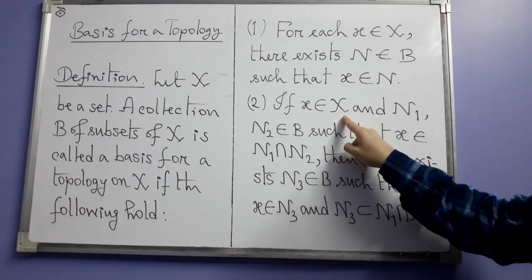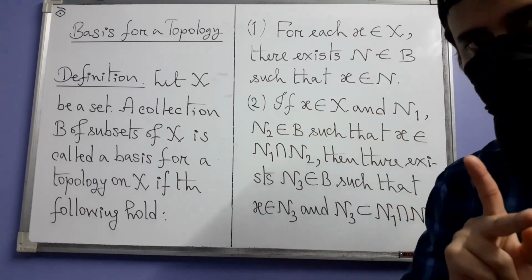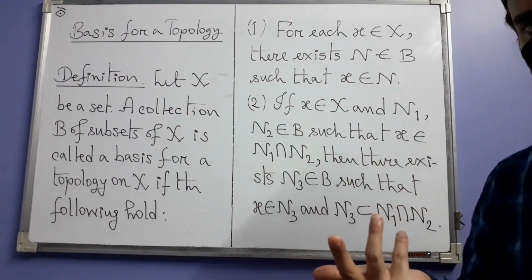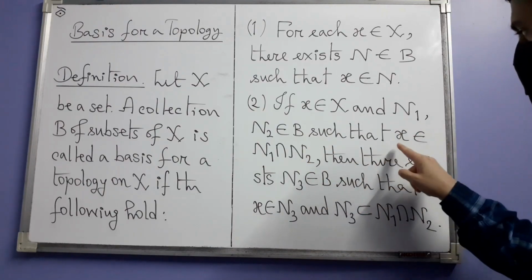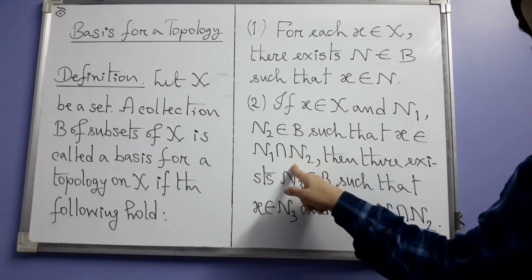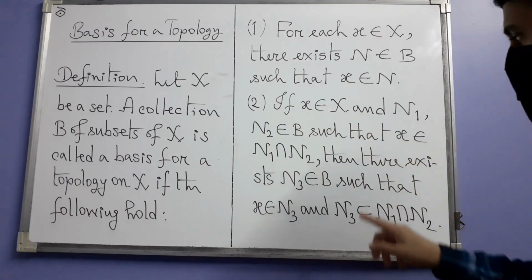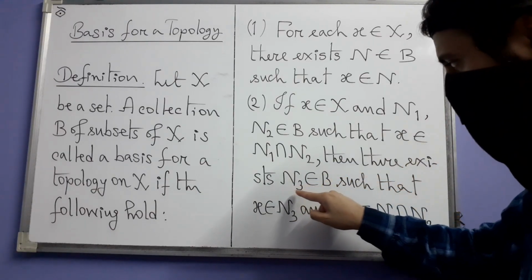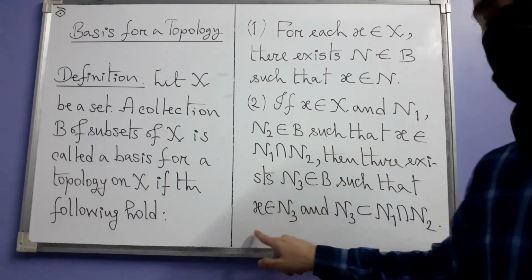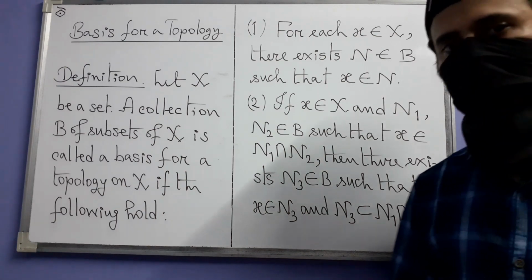If x is in X and you encounter two basis elements, N1 and N2, that means they are elements in B, such that x is contained in their intersection, that is, x belongs to both of them, then there exists another basis element N3 which contains x and which is itself contained in N1 intersection N2.